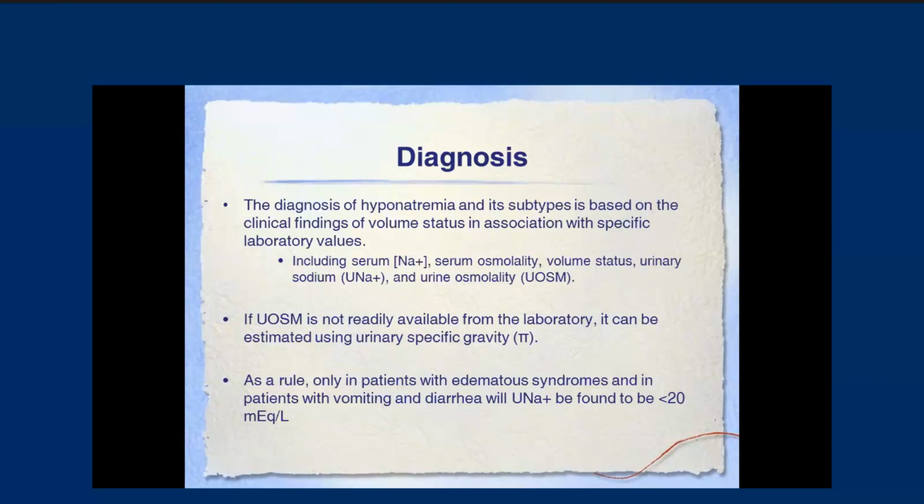And the other is determining the patient's volume status from history and physical examination, and determining the urine sodium, which we usually don't do, but urine osmolality can be estimated using the specific gravity.